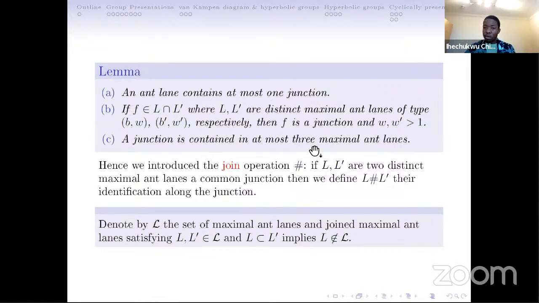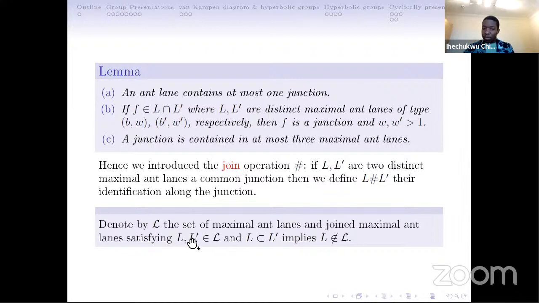So what we're going to do is look at these maximal ant lanes and glue them together along their junction. We don't want any intersections at all. We don't want any face common to any two maximal ant lanes. So we glue them together if they have a common junction to form this set. So this set is just a set of maximal ant lanes where any two which have a common junction have been glued together. This is exactly what this is saying.